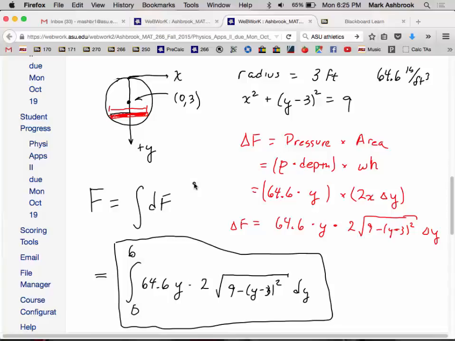If you did it at the origin, this would be x squared plus y squared equals 9, and then the depth would be kind of funky. So if we did it this way, I'll do it in blue.